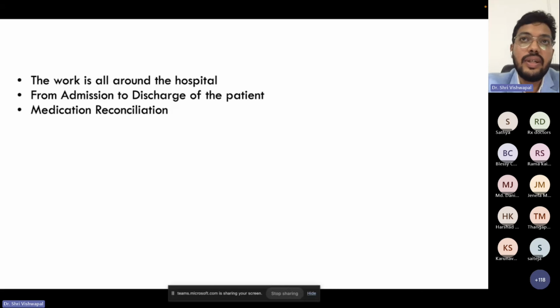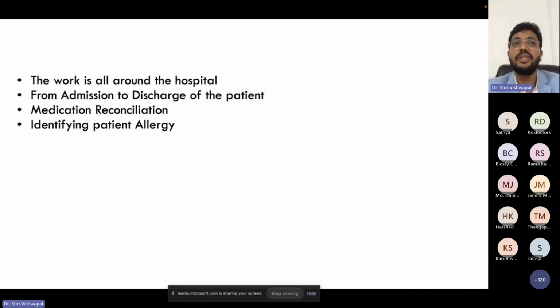Not only outside factors, even the drug can contribute to the problem which the patient has. So medication reconciliation plays a very major role for clinical pharmacists, mainly in knowing the past medication history and correlating whether it has caused the problem for the patient who has been admitted now.